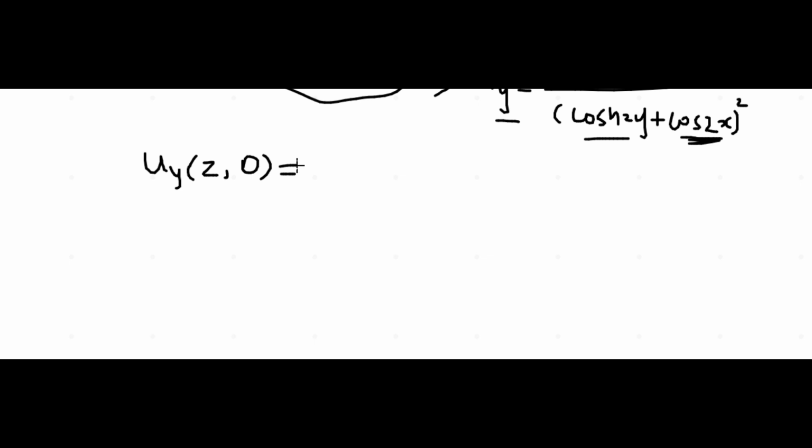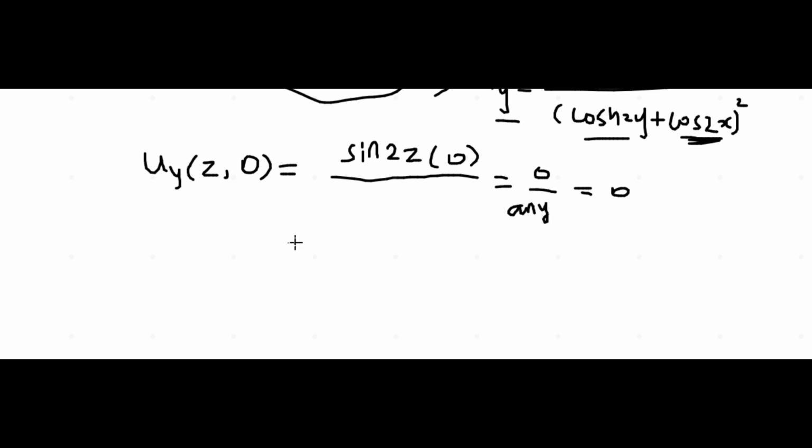In the above step, the numerator having sin 2z into sinh 0, and we know that sinh 0 is 0. So 0 by anything is equal to 0. That means the second value is 0.